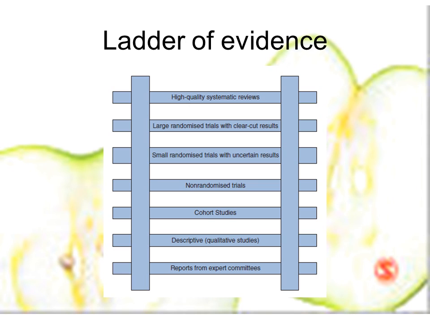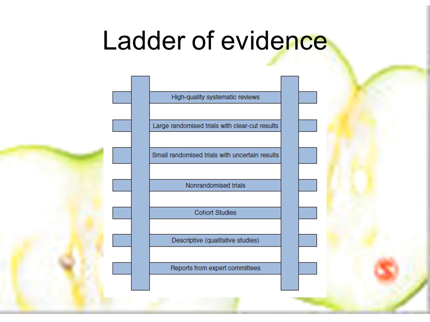And so there's something called a ladder of evidence, which you should probably have a pretty good idea of for our final. So what we're looking at, we have reports from expert committees about a particular condition or disease that possibly we're going to have concern with. Then there are descriptive studies that are done, usually qualitative.